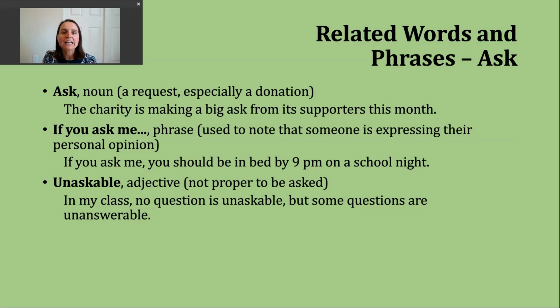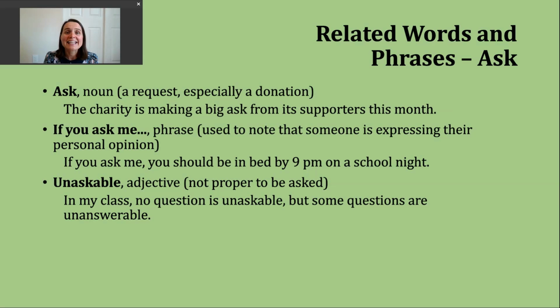It's very commonly used to talk about donations. An example of this might be, the charity is making a big ask from its supporters this month. So they might be asking people who've previously donated, maybe to commit to donating a certain amount each month or a larger amount over the course of the next year.